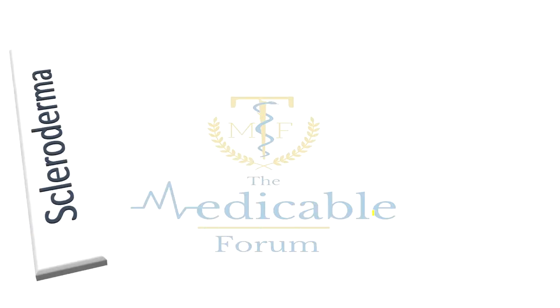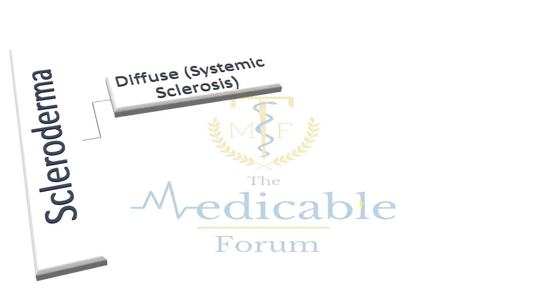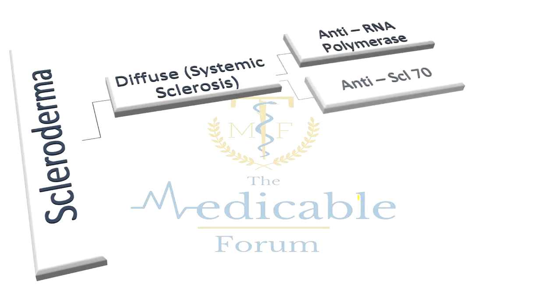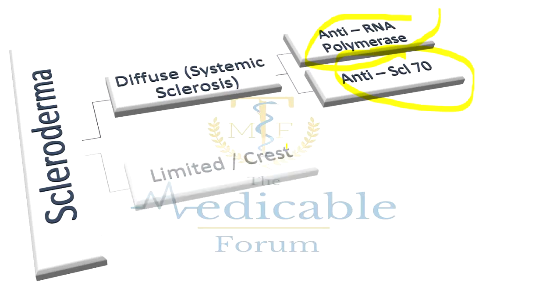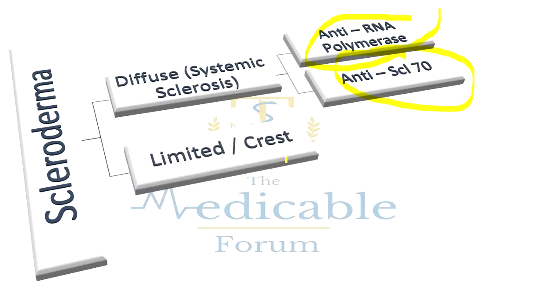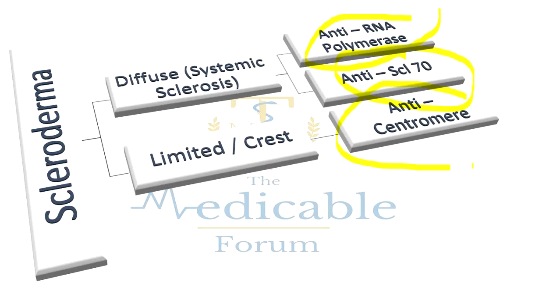Now, let's just quickly talk about scleroderma. What's scleroderma? There's a diffuse type of scleroderma, which is systemic sclerosis. You find two antibodies: anti-RNA polymerase and anti-Scl-70. Both of them are very suggestive of diffuse disease. In limited disease or CREST syndrome, you only find anticentromere antibodies.